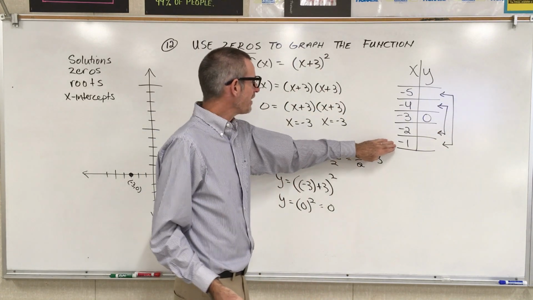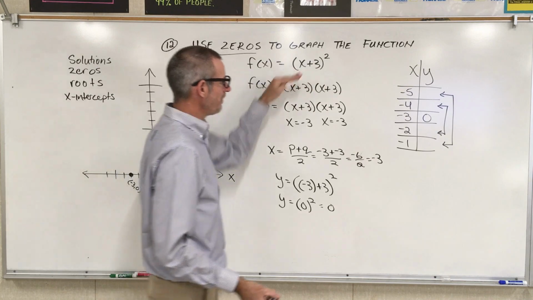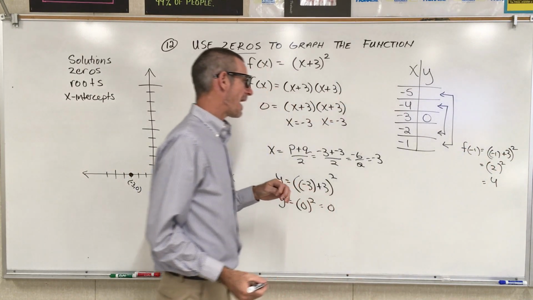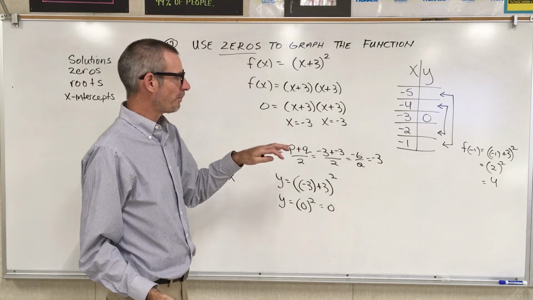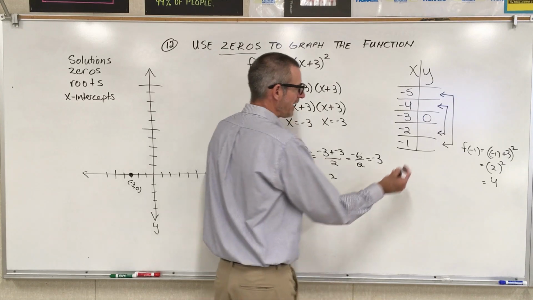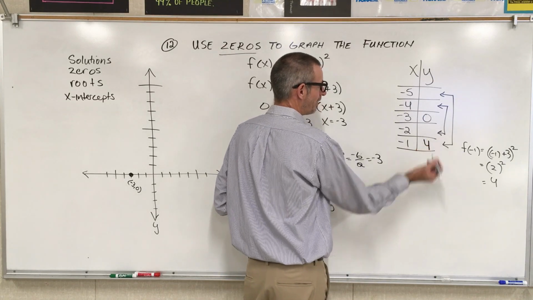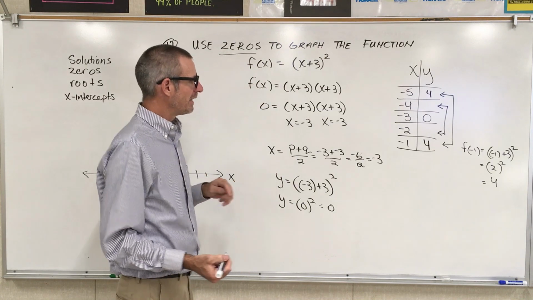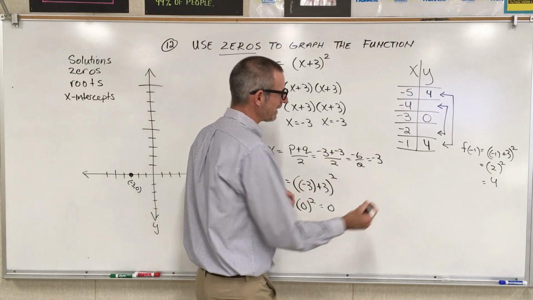So I'm going to put my -1 into the problem, and it'll look like this. So I have -1 plus 3. -1 plus 3 is 2, and 2 to the second power is 4. So when I put -1 in, I got 4 out. And so if I put -5 in, I'll also get 4 out. Now I'm going to try the same thing with the -2.